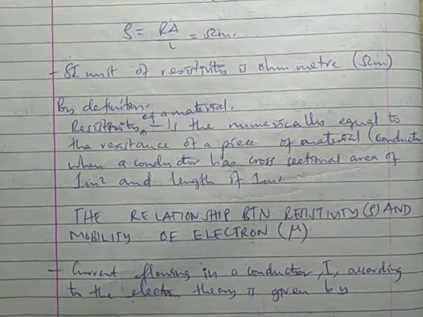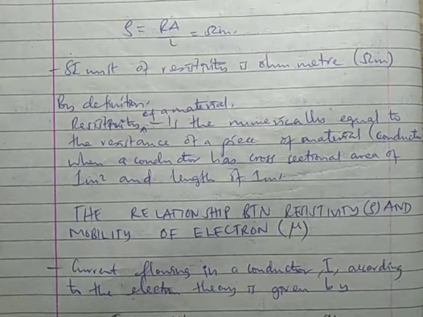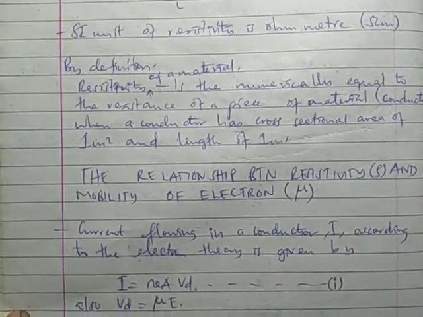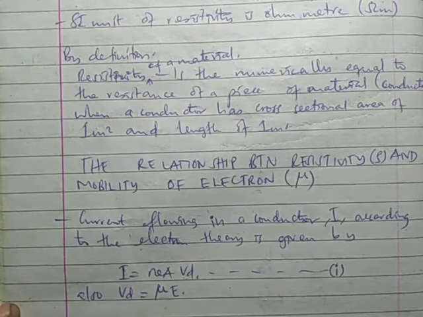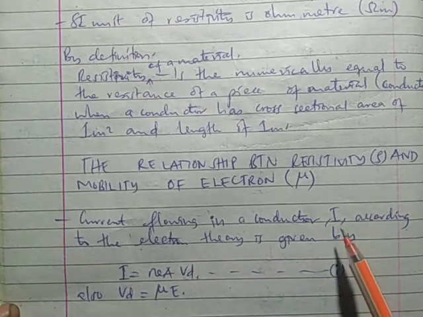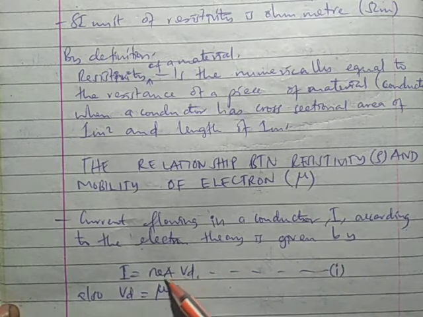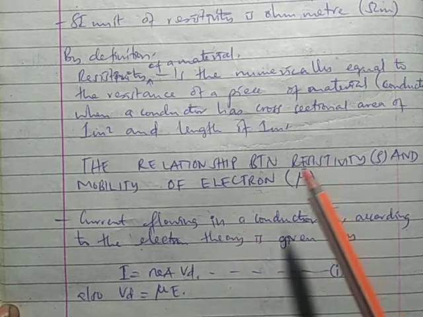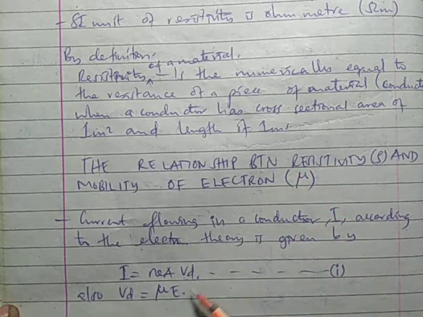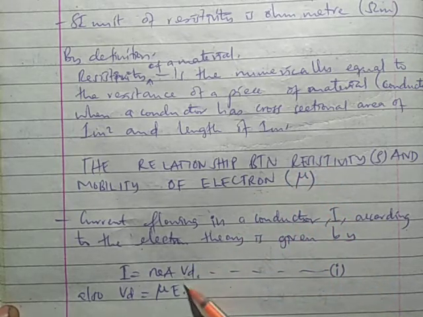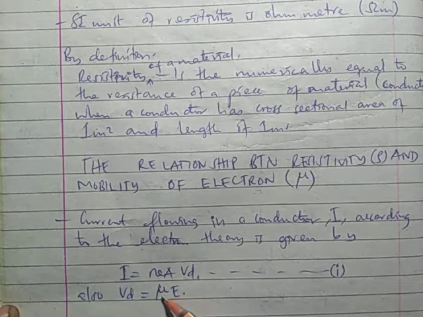The relationship between resistivity and mobility of electron mu. A current flowing in a conductor I, according to the electron theory, is given by I is equal to n e A vd. I hope you know about this. But the drift velocity vd is equal to mobility of electron times electric field.